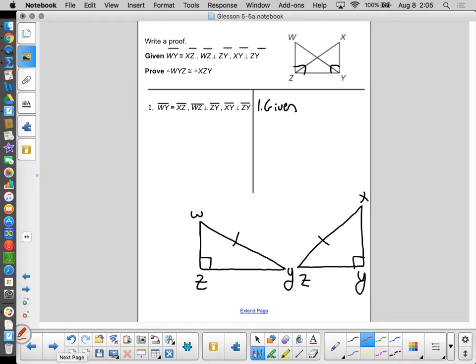That's given. Well, what do we have? We have perpendicular lines. Perpendicular lines, what are we given? We start with our givens, and then we use our givens to try to prove that parts are congruent or something else is going on. Well, perpendicular lines give us right angles. So that means, since those are perpendicular, that angle WZY and angle XYZ are right angles.